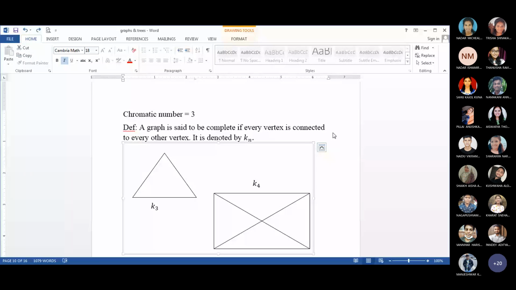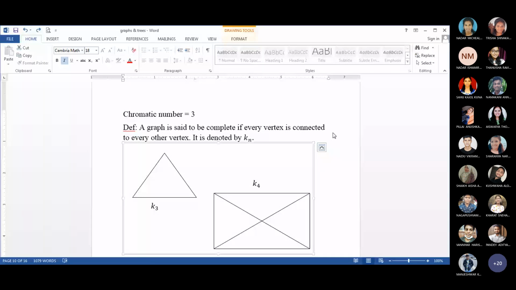Here it's very important that where the two diagonals intersect, there is no vertex. We have not considered a vertex where the two diagonals intersect, otherwise it will become a graph on 5 vertices. A graph is said to be complete if every vertex is connected to every other vertex. Connected means by an edge, not by a path.